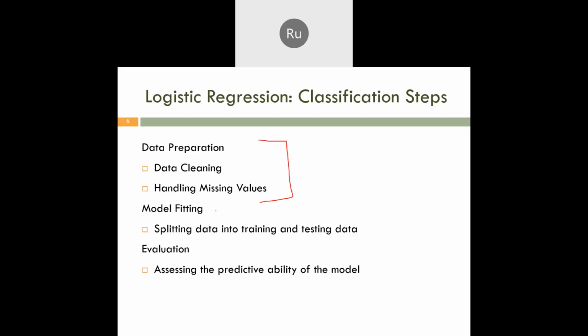Then we will train the model based on the training data, and use the testing data to evaluate the predictive ability of the model. In this example, this is the actual data that we have. We will go through how we perform data cleaning, how we look at the values, and how we handle missing values and so on. So remember this step.